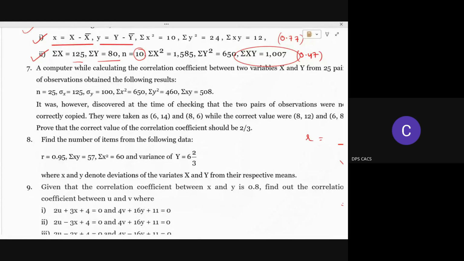Numerator is coming as 70. Numerator is coming as 70. 0.47. Correct.